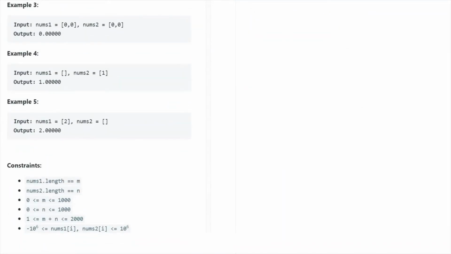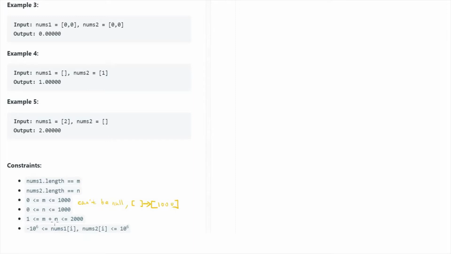So here, it has constraints. The size of each array is greater than or equal to 0. It means the integer array cannot be null. It can be of size 0, meaning it can be empty, or the largest size is 1000. So it's from empty to a size of 1000.